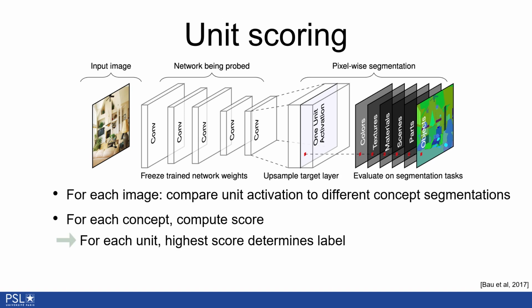In a final step, for each unit, the highest score determines the label, meaning which concept it encodes. Many units detect the same concept. For example, there are 95 dog channels in the VGG network trained on ImageNet. This was a description of the general procedure.